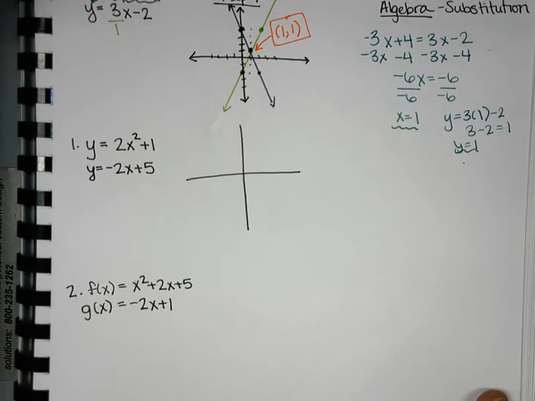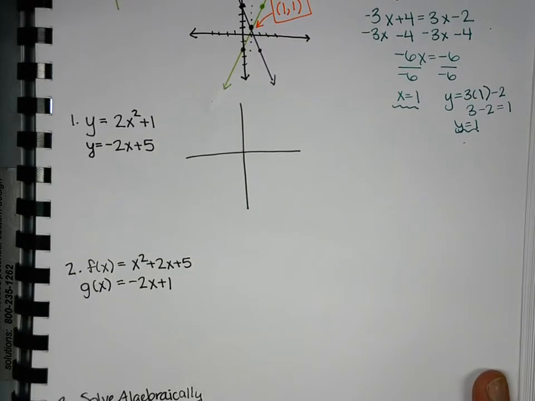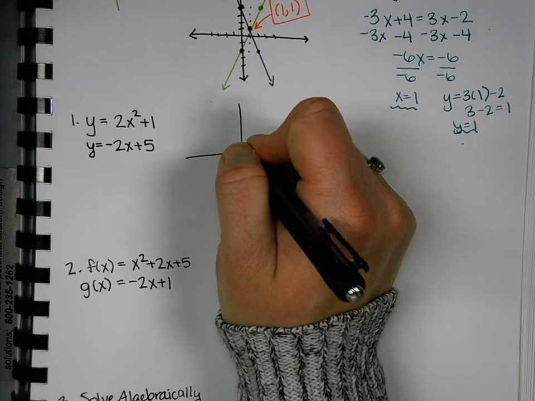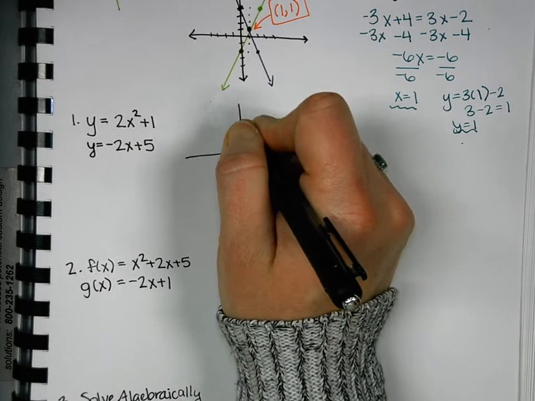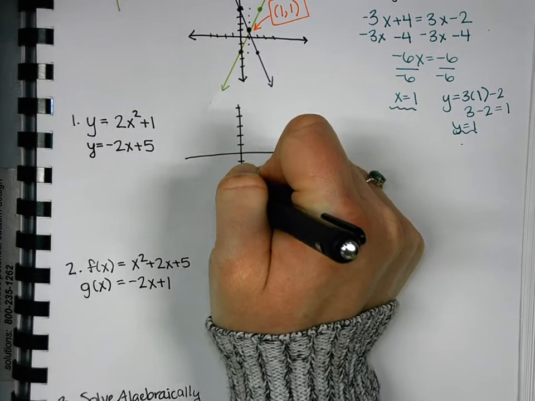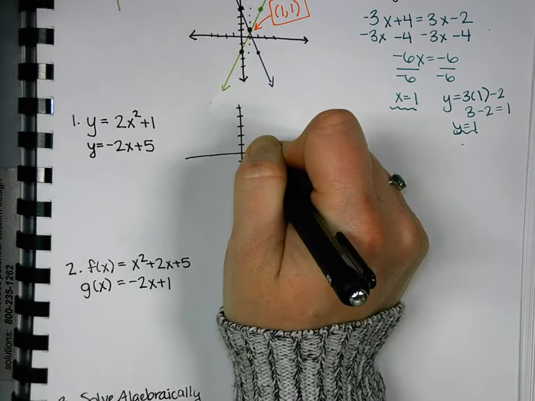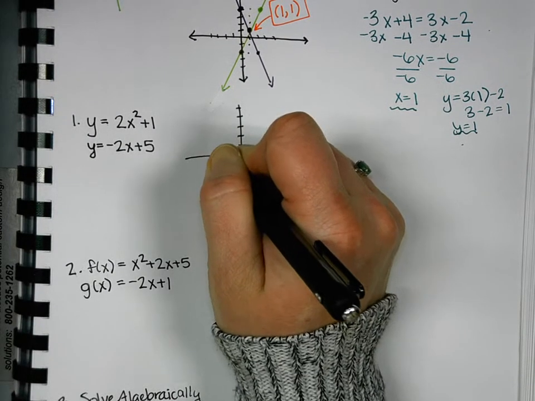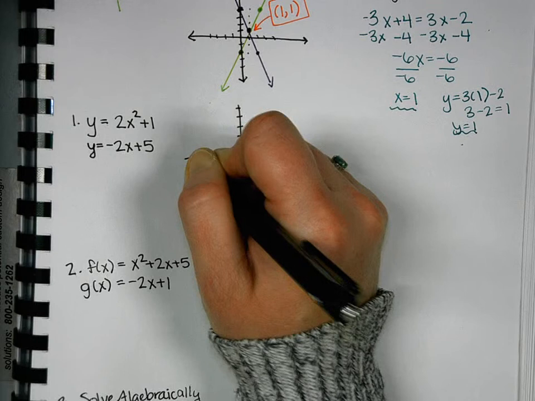So if we look at our first one here, number 1, you can graph it using whichever method you want. Factored form, vertex form, standard form, as long as you get it graphed.